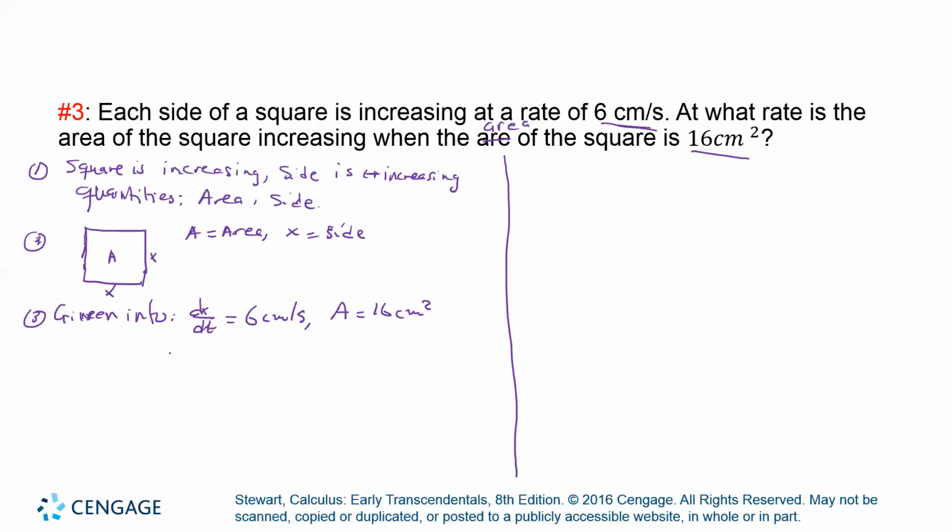Now, what is unknown? What are we looking for? What do we want to find? We should find a rate: at what rate is the area of the square increasing? So we want to find dA/dt.